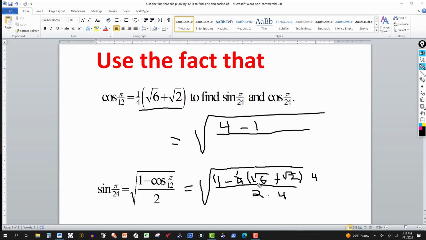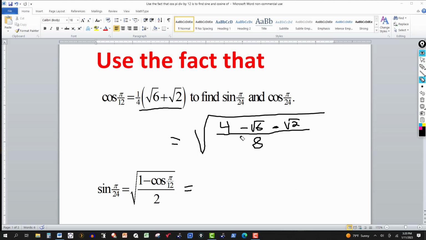This negative 1 is going to multiply through the parentheses, so this will become a negative square root of 6 and a minus the square root of 2, and that's over 8. This is really the answer right here, but it's not simplified.